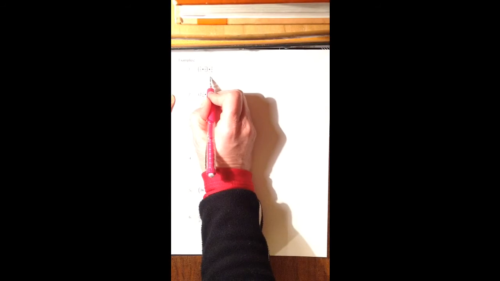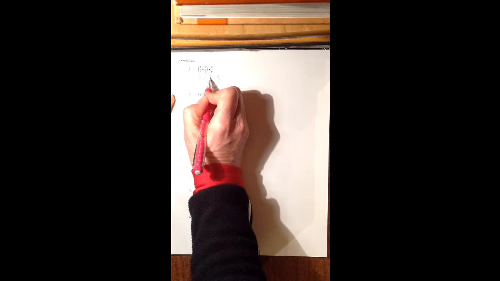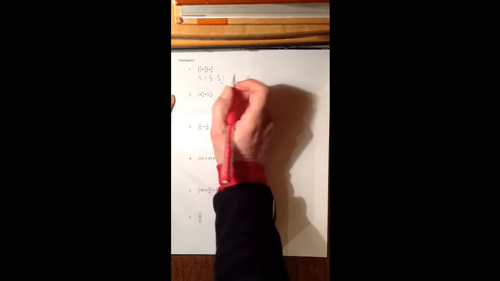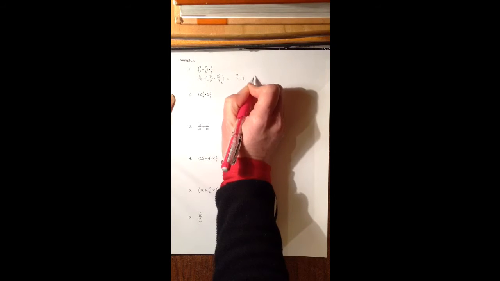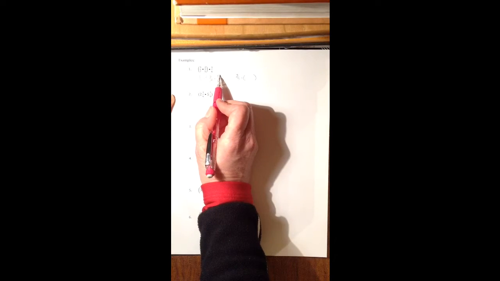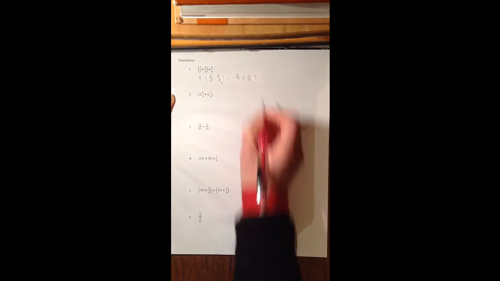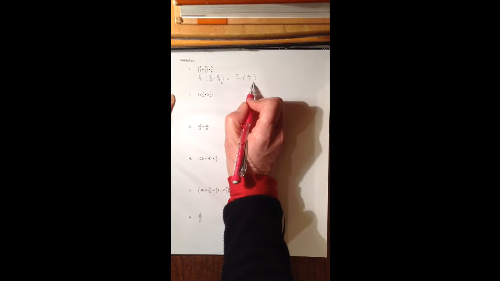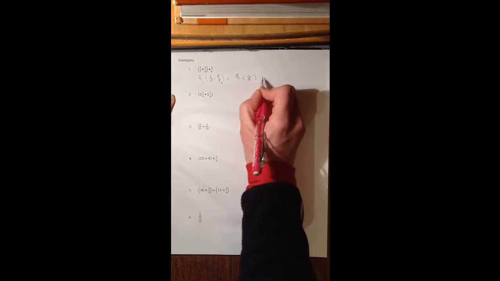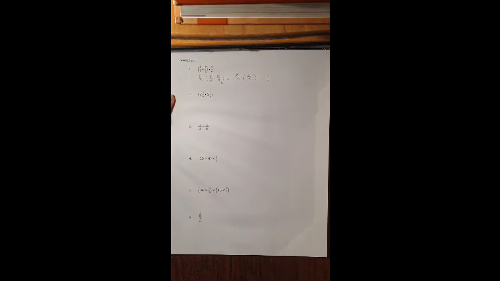I can divide out this 2 with this 6, and then I'm going to be multiplying 3/7 times, I got 1 times 1, so that's 1 on top, 1 times 3, so that's 3 on bottom, sorry. And then again, before I actually multiply, I could divide this 3 with this 3 and end up with a 7th.